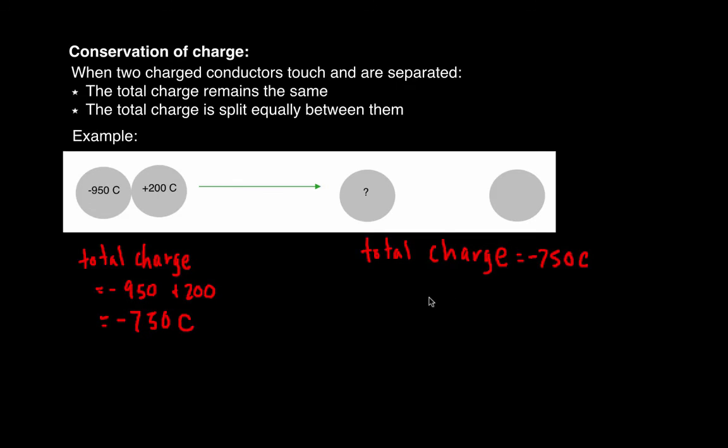However, we know that this total charge is divided equally between them. So each conductor, after they're separated, has a charge of minus 375. Same total as before, but different distribution. It's split equally between them.